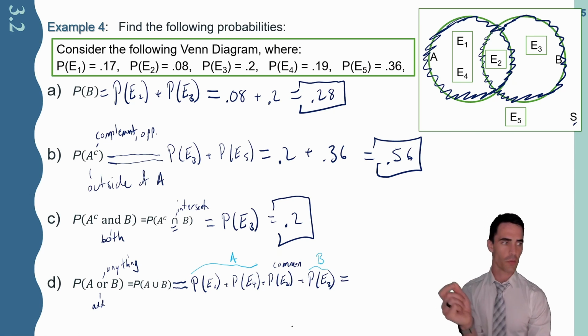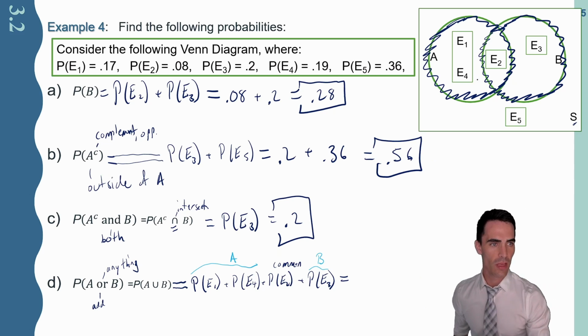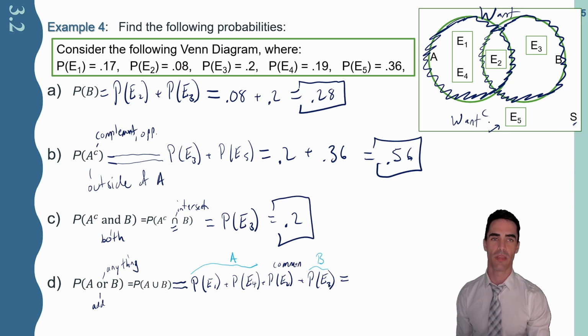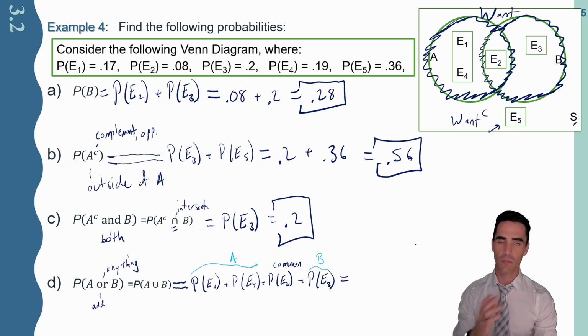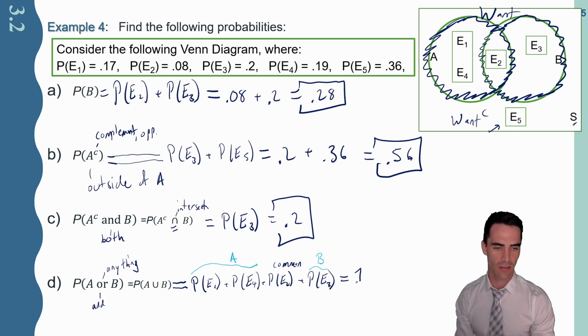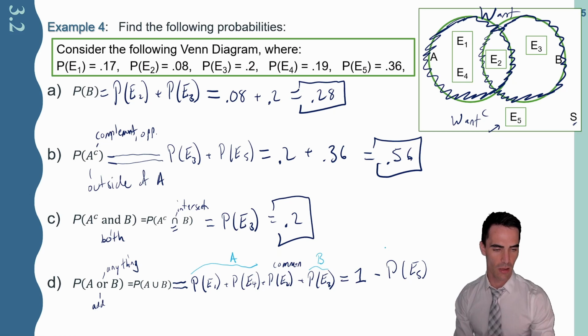But there's actually a more efficient way to do this instead of adding up these four numbers. Let me look at the chart. Let me write this. This is what I want up top. Everything that I want. And so over here, this is like what I want complement. And so there's actually a faster way. Instead of adding up those four events, if we understand complements, I can take 1 minus the probability of E5. And I'll write for reference sake that this is what I want, complement.